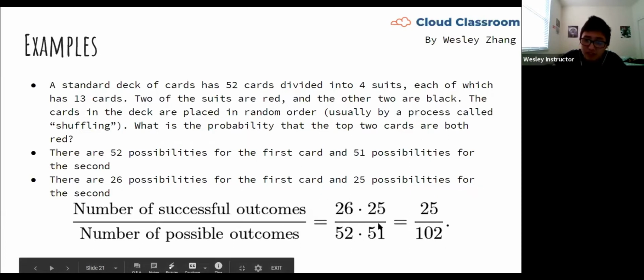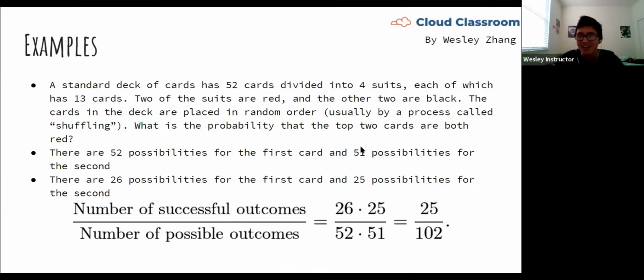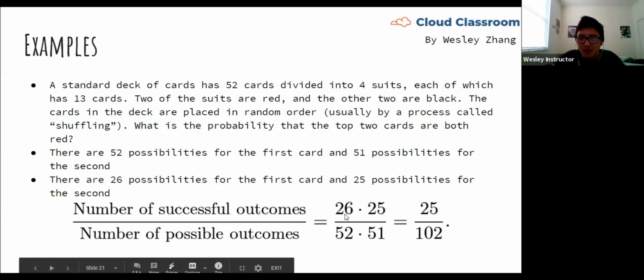So when you multiply these, you should simplify the top and the bottom first, and that's how you get 25 over 102. So once again, you're multiplying.